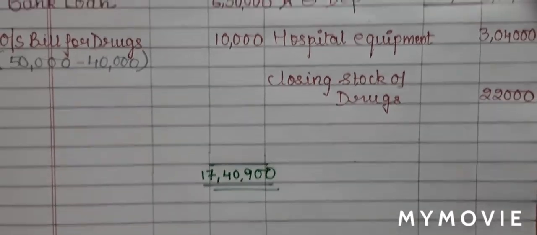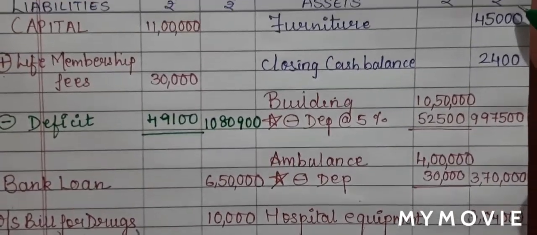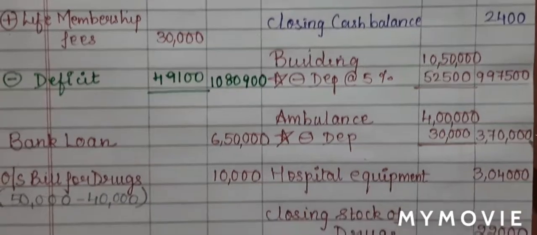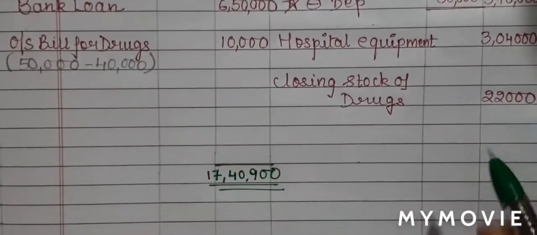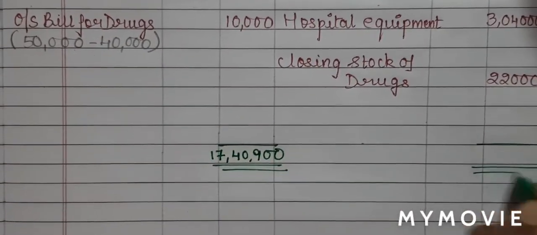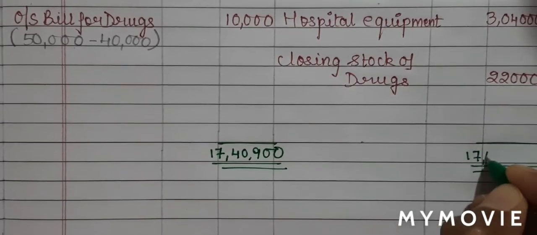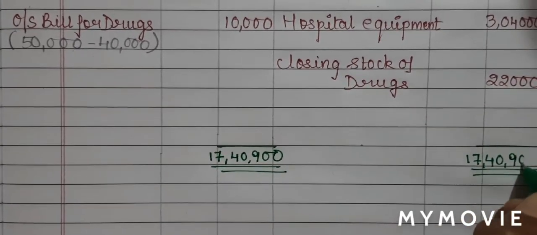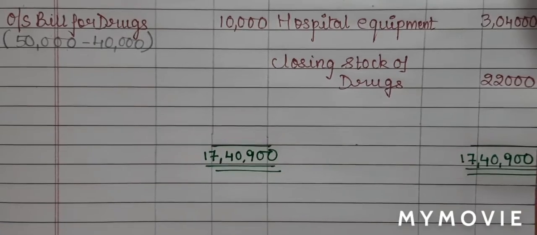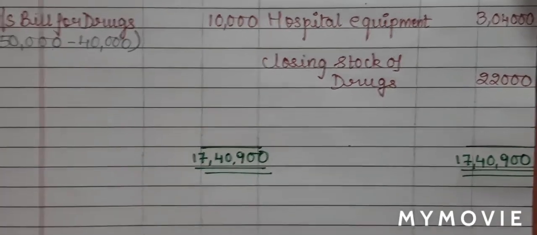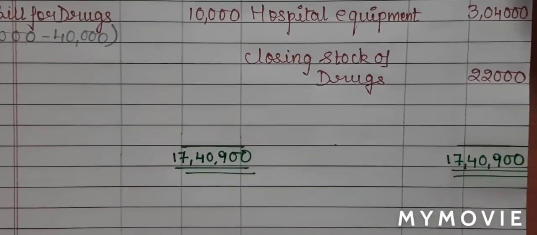Now in the same manner, we will total the asset side. When we total the asset side, I get the same total as the liability, that is 17,40,900. With this, students, we have tallied our balance sheet, and I hope you have understood the sum.